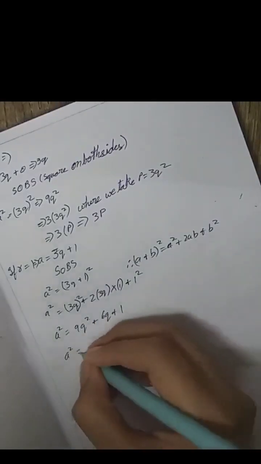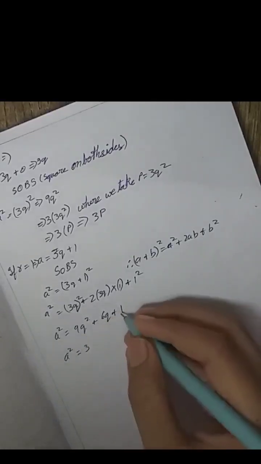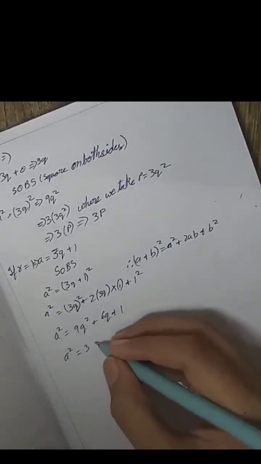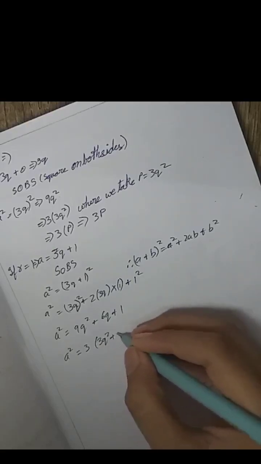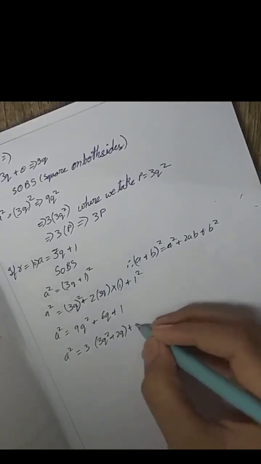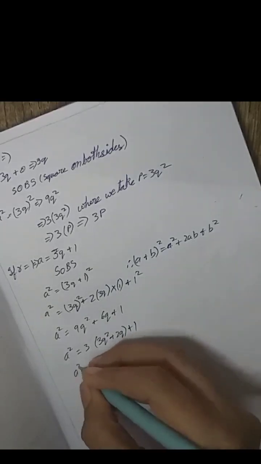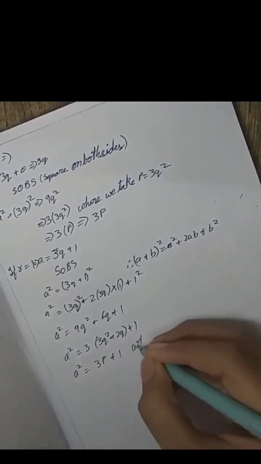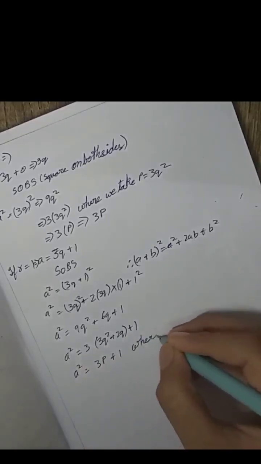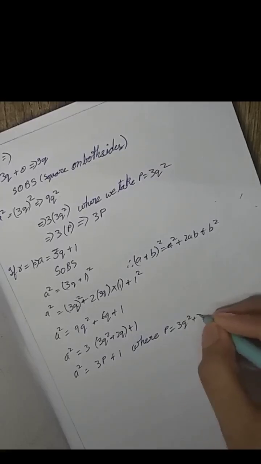Here a square is equal to 3, we can take a common 3, 3q square plus 2q plus 1. Here a square is equal to 3p plus 1, where p is equal to 3q square plus 2q.